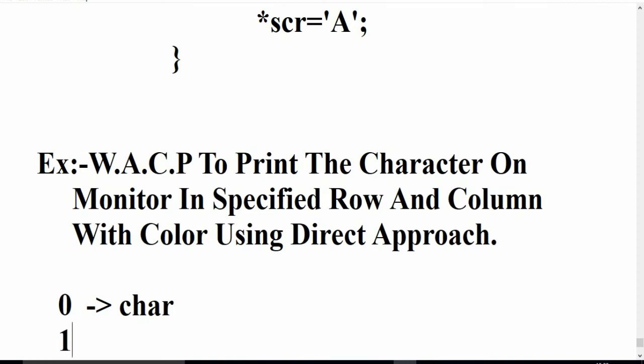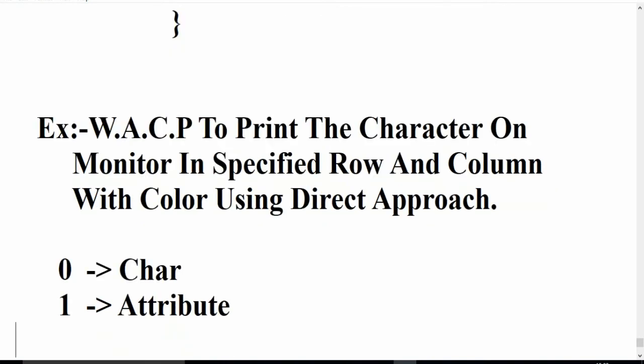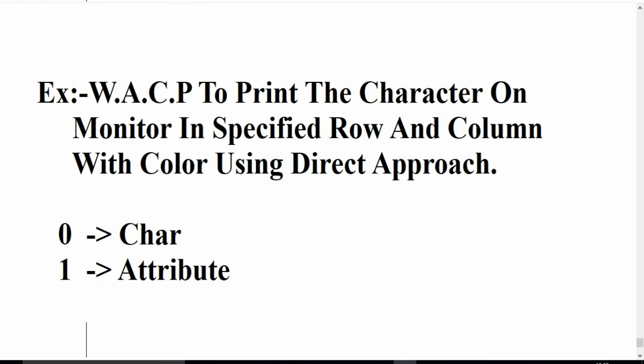The next byte, the 1st byte, has the purpose of setting the attribute of the character. Attribute means the color of the character. In the 1 byte of attribute, which is 8 bits, the first 4-bit value is set for the foreground color.